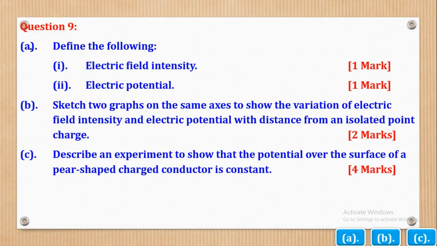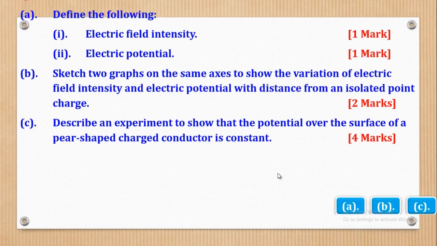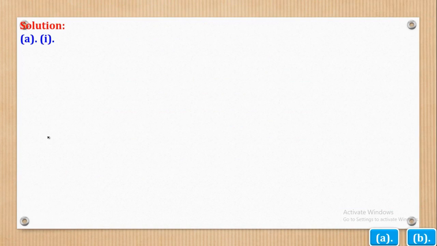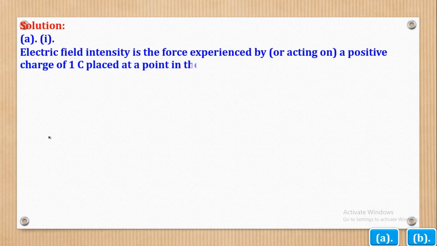So now we shall go to question 9. Part A says define the following: Roman 1, electric field intensity, and Roman 2, electric potential. For Roman 1, we shall say that the electric field intensity is the force experienced by a positive charge of one coulomb placed at a point in the electric field.